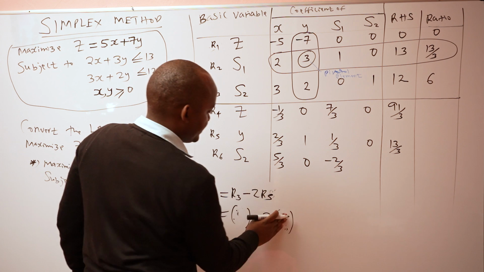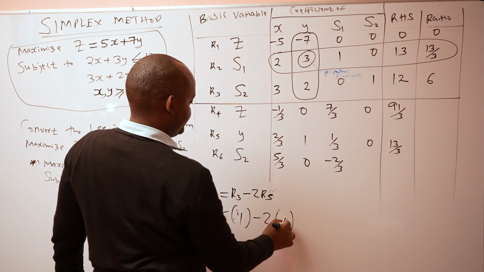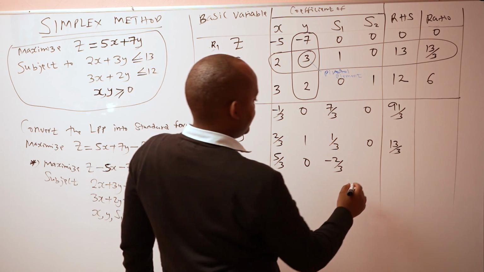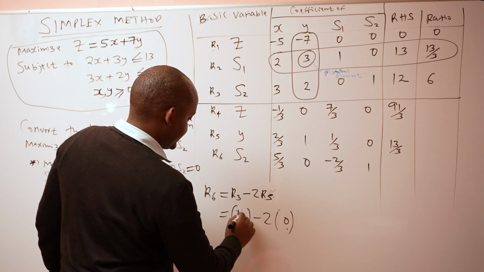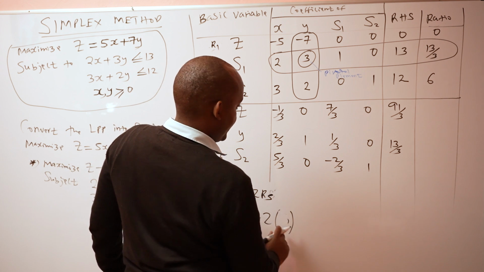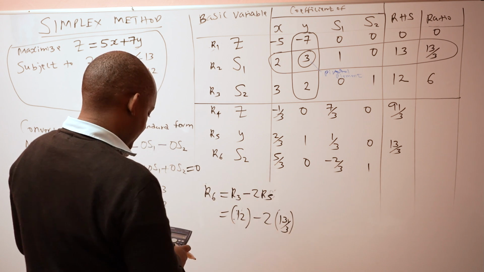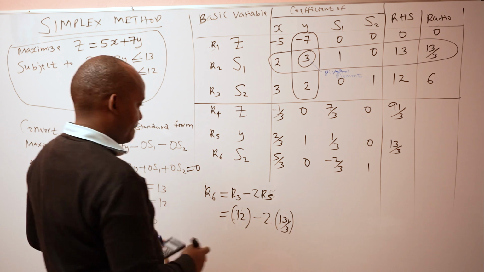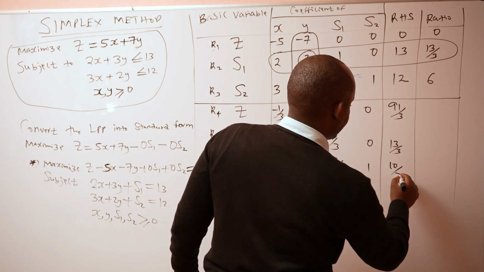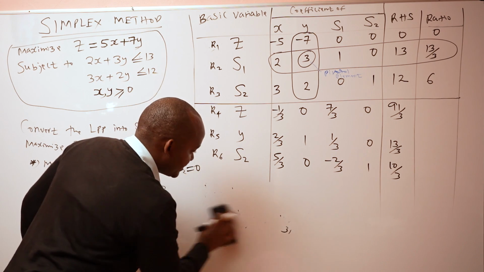The next combination is 1 and 0, and of course that is going to give us 1. The next one is 12 and 13 over 3. So what is going to happen there? It is going to give us 10 over 3. Then from there you go back to your row number 4.